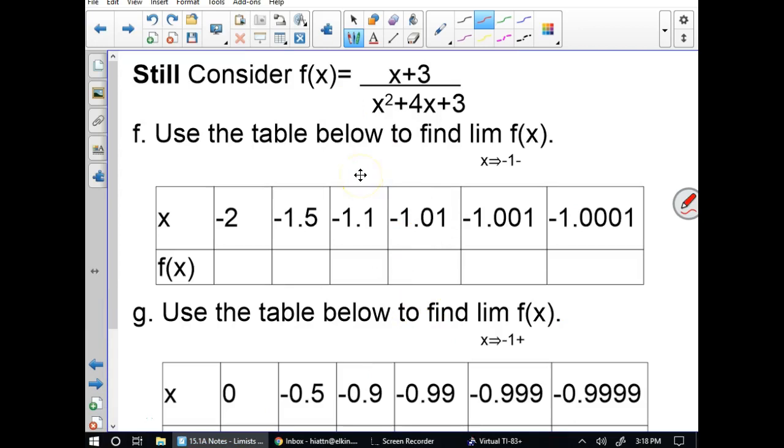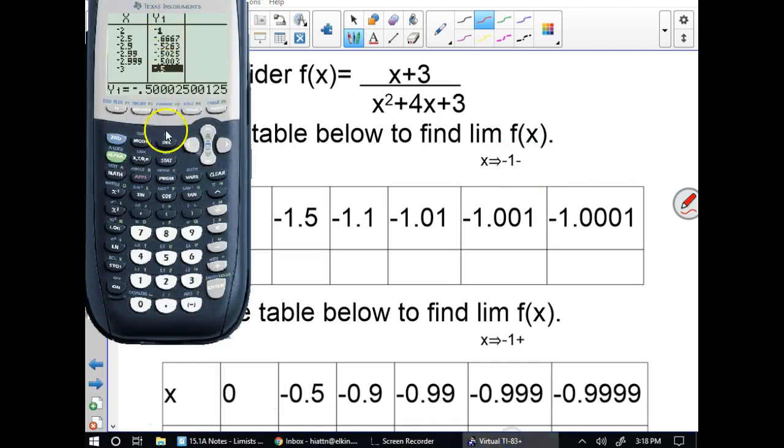Okay, so if we look at this function, but we look at some different limits here, we're going to see something different happen. We're still considering the same equation, but we're looking this time at the limit as x approaches -1 from the left. So if we're approaching -1 from the left, we would start at like -2, which we already know is -1. I'm just going to put these on the calculator.